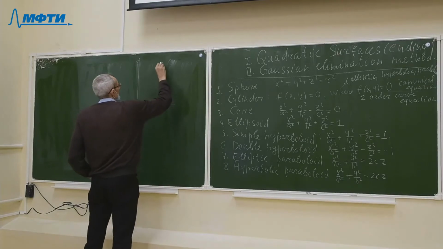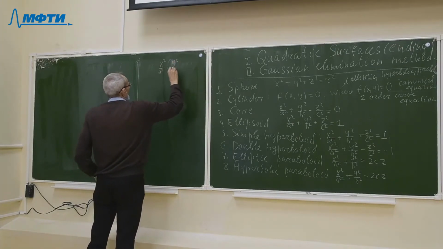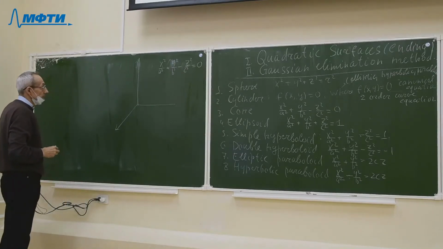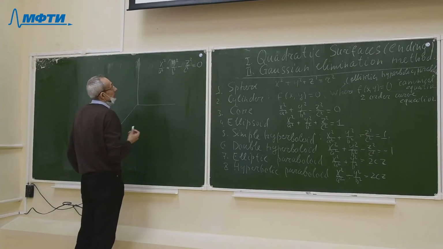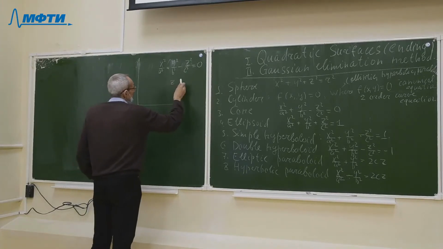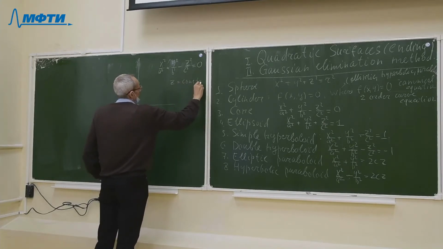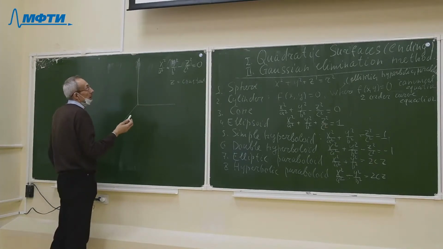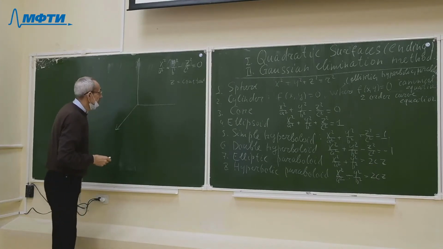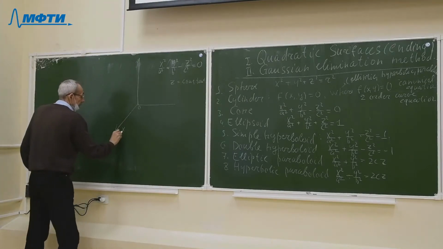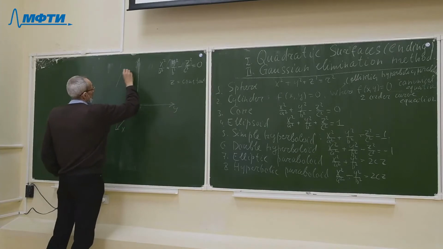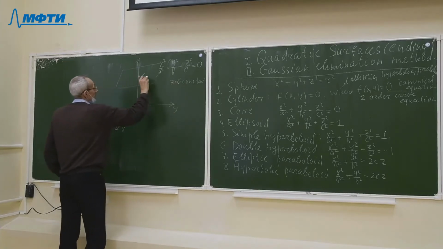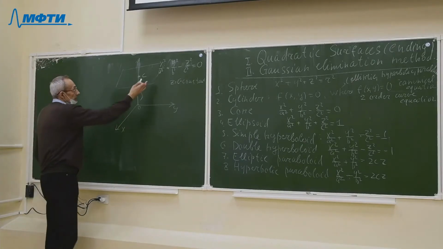In the second equation, if we fix the variable z as some constant, it means that we consider the section of our surface by the plane which is parallel to the coordinate plane x, y.